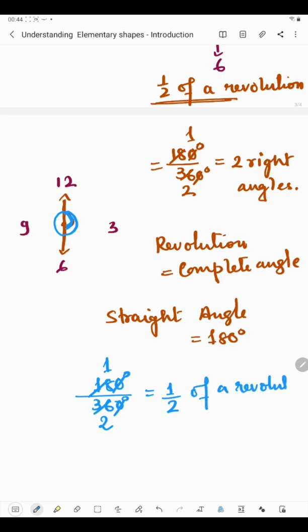Half revolution means 180 degrees, because a revolution means 360 degrees, one complete angle. When you have to find what fraction of a revolution it is, you have to check what angle it makes out of 360 degrees, and then we will find what part of the revolution it is.